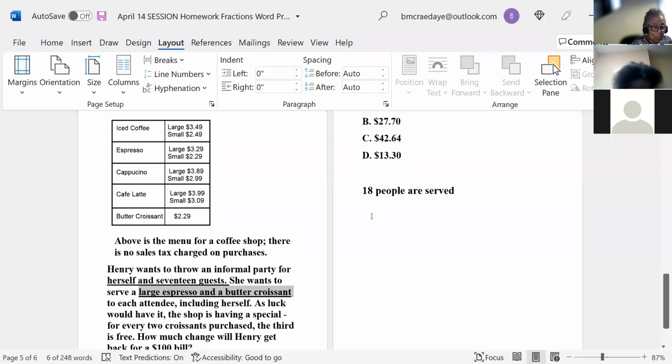So she's serving a large espresso and a croissant. The large espresso is $3.29. Okay, so we know what she's serving.